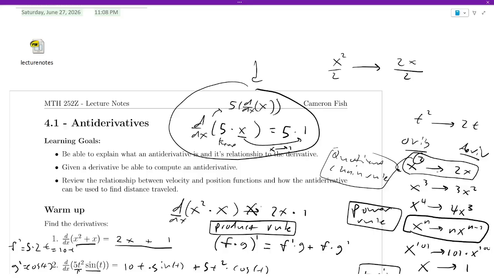Maybe to make that a little more clear, remember I can always think of x squared over 2 as the same thing as 1/2 times x squared. So this is a really good algebra thing to be able to do. Just something over a number is always 1 over that number times something. So this 1/2 is a number just like the 5 is. So when I do the derivative, the 1/2 just stays.